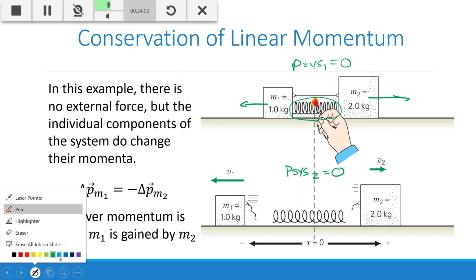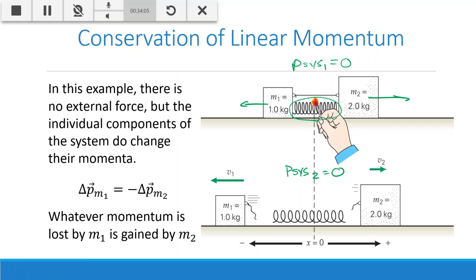So you could set up an equation using this assumption that the momentum of my system has to equal the momentum of object 1 plus the momentum of object 2. So momentum 1 is going to be m1 v1, and momentum 2 is going to be m2 times v2.